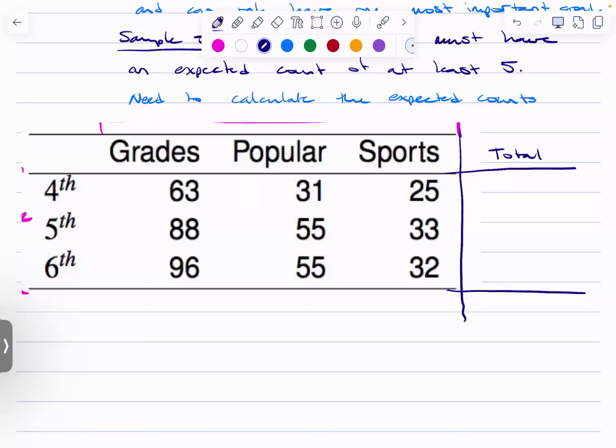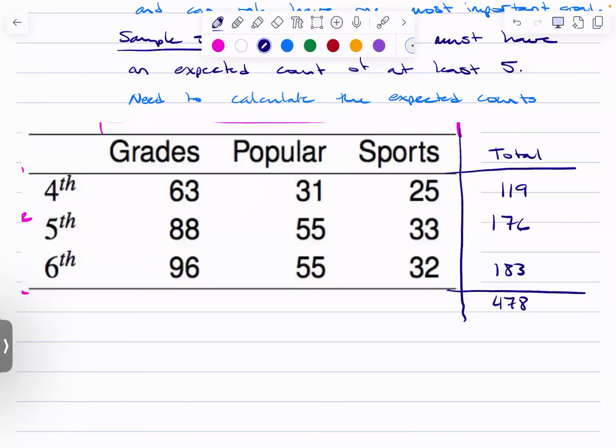So, there we go. 63 plus 31 plus 25 is 119. 88 plus 55 plus 33 is 176. And 96 plus 55 plus 32 is 183. If I add those all up, 176 plus 119 plus 183, I get 478.